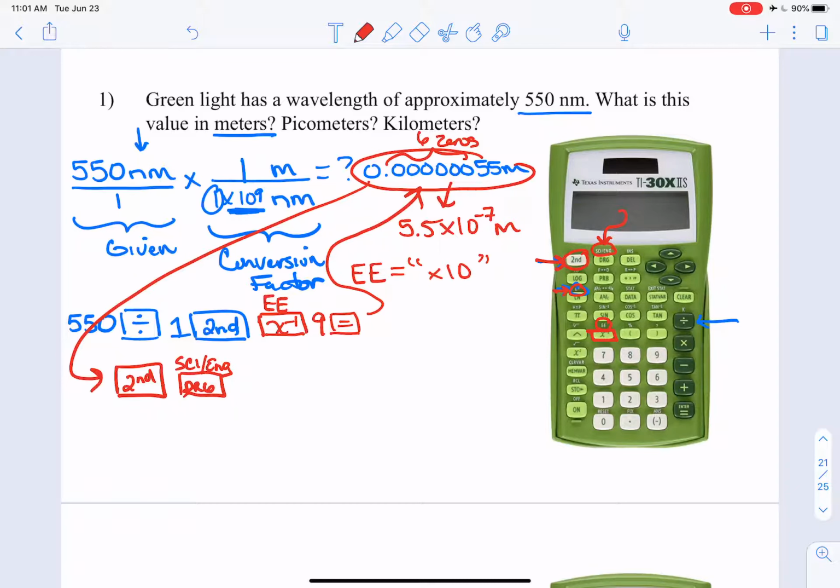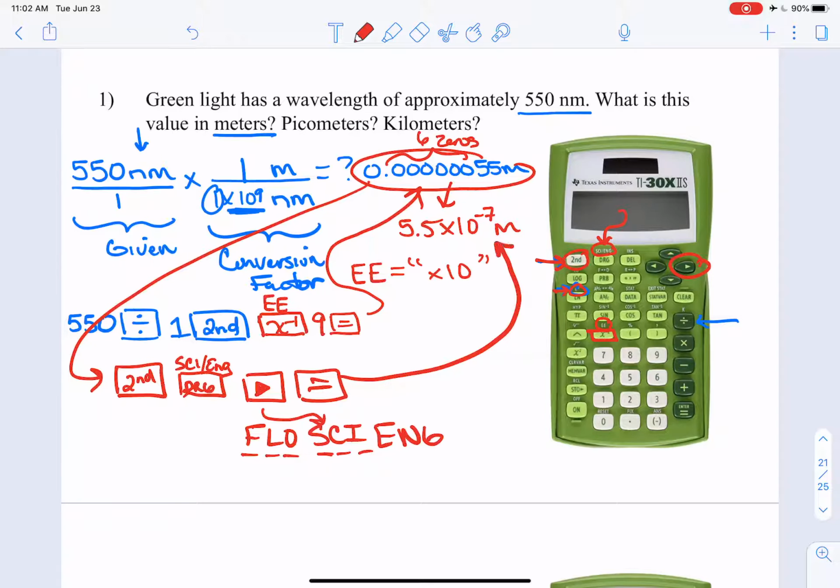And then you're going to hit the arrow to the right button right here, because what you'll see is FLO, SCI, ENG, and I hope you're doing this with me, and it'll be at first on FLO, and then once you hit the arrow, it'll move over to SCI, and that's scientific notation. And then you hit equals at that point, and it'll give you this answer right here. And I need you guys to practice that over and over and over again.